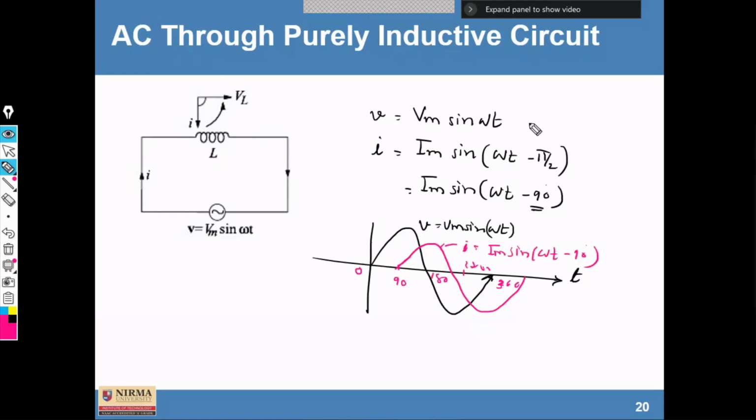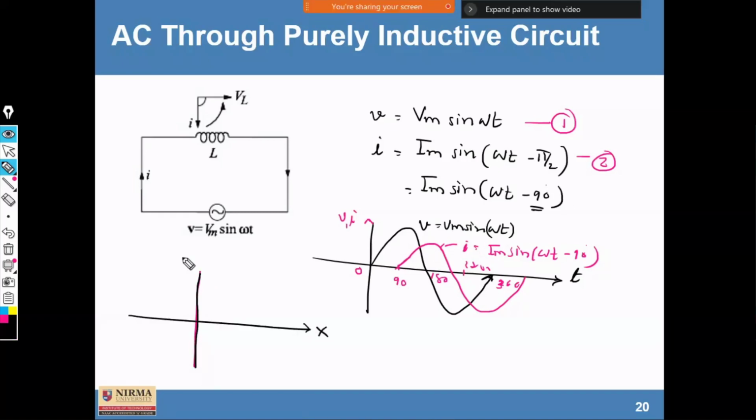Because whenever there is an inductive circuit, we derive the equations of current from the equation of voltage by inserting various parameters. So if we want to represent the different vectors, this is x and y.